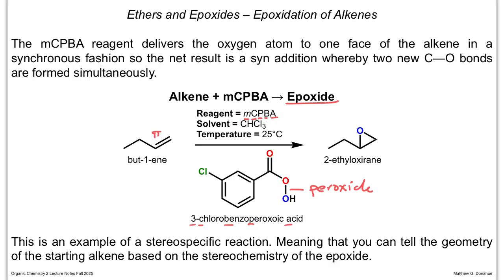So that pi bond is, compared to a sigma bond, weaker. So the electrons are going to come from that pi bond, so this is a nucleophile. And so this oxygen is electrophilic.